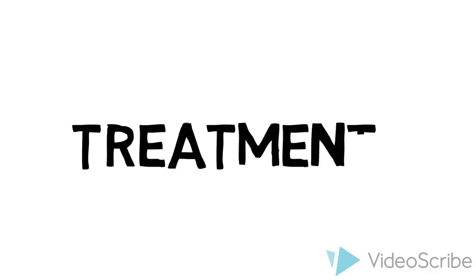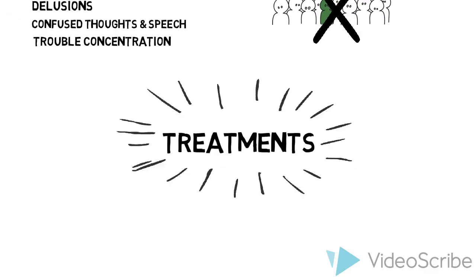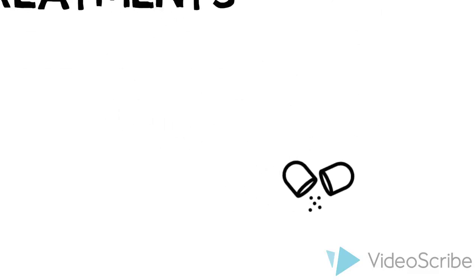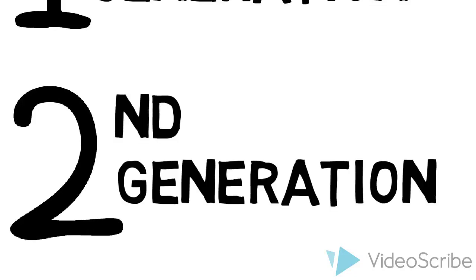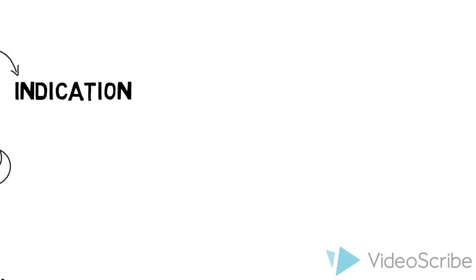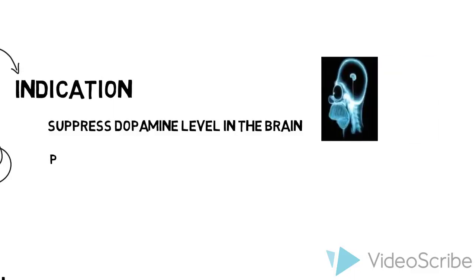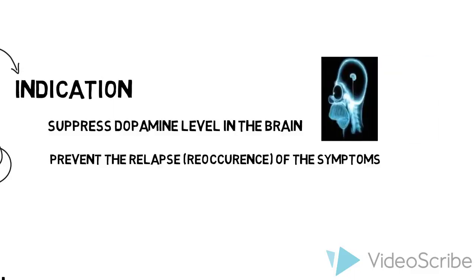But every disease must have its own treatment to reduce its symptoms. The same goes for schizophrenia. One of the available treatments is taking medication called antipsychotic drugs, which can be categorized into first generation and second generation. The indication of the drug is to suppress dopamine levels in the brain and prevent relapse, or recurrence of the symptoms.